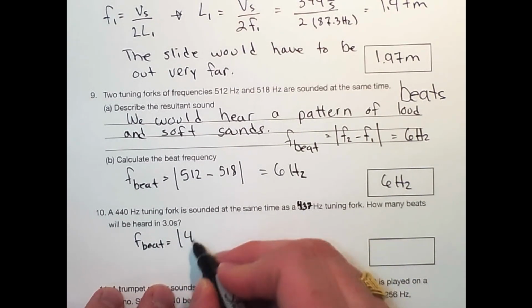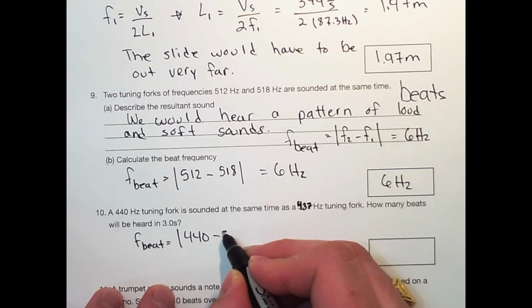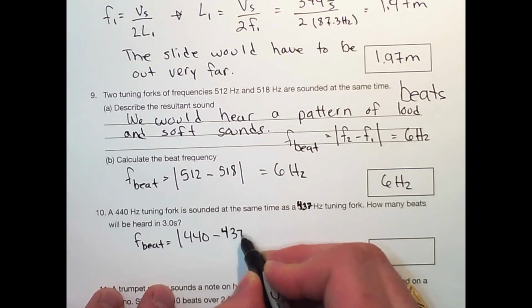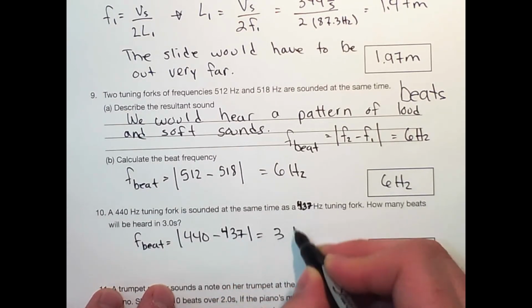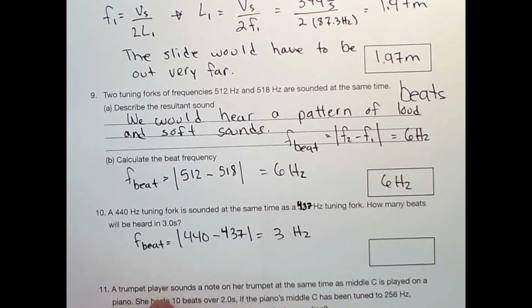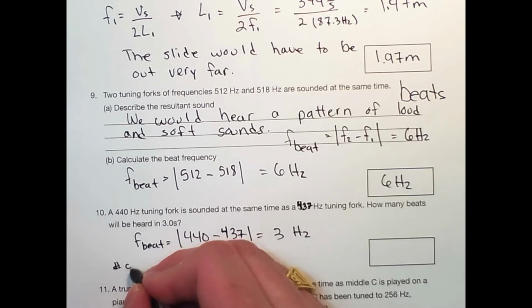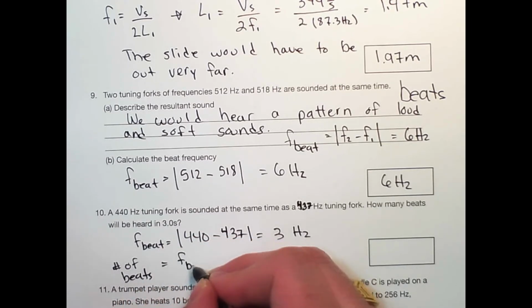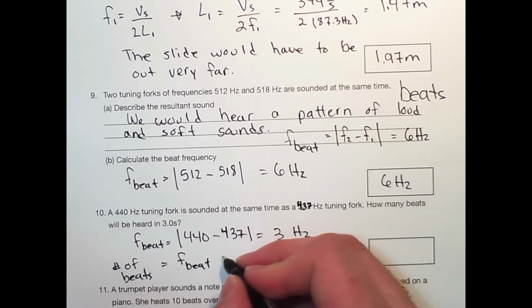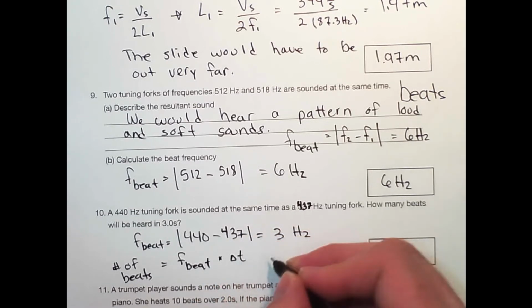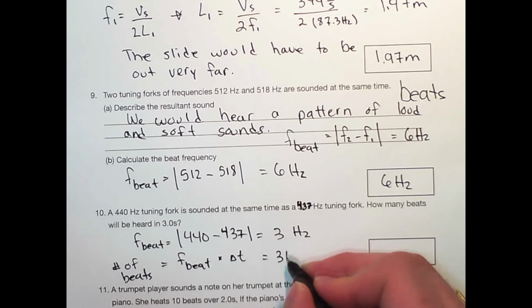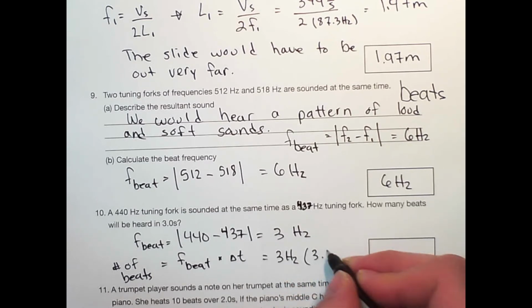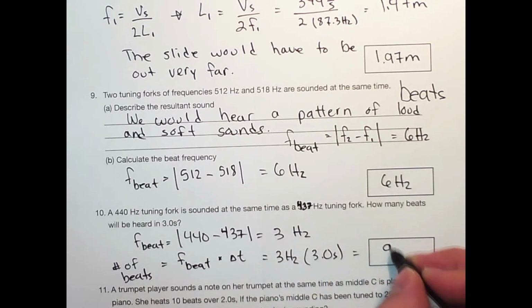I'm just going to put the biggest one first. So the beat frequency would be 3 hertz. The number of beats we'd hear would be equal to the beat frequency times the time interval. You should hear 9 beats.